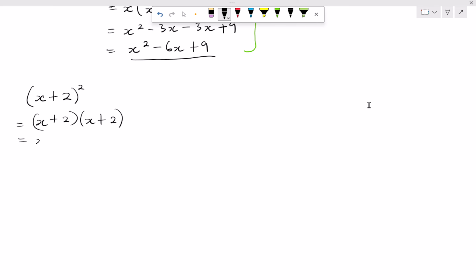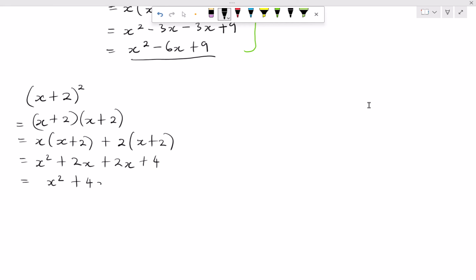And we expand our brackets as we were doing above. So that becomes x times x, x squared plus 2x plus 2x plus 4. So this becomes x squared plus 4x plus 4. That becomes our answer for this part. Let me just call it number 1.